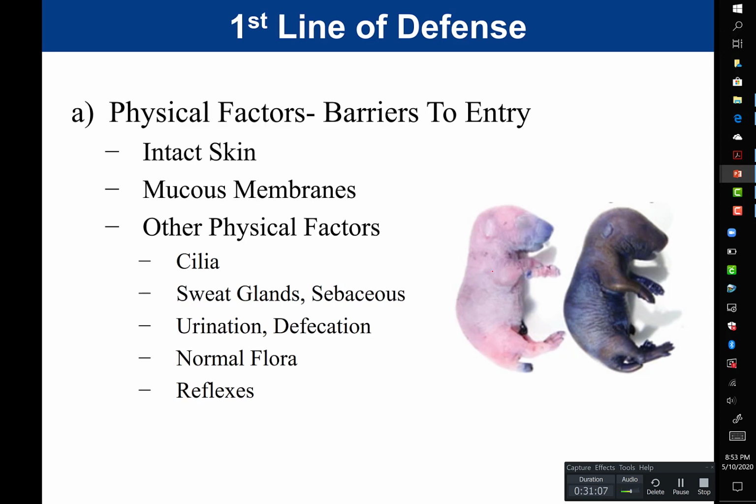We have normal flora. So again, if there are certain bacteria on your skin, they are competing for space and resources with pathogenic organisms. So they are also part of your first line of defense. And then your reflexes.